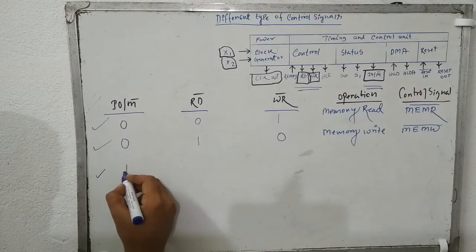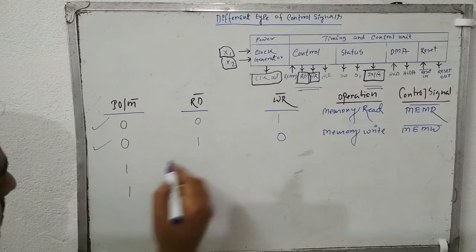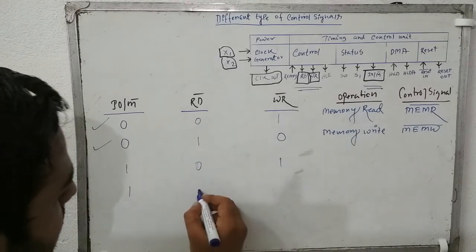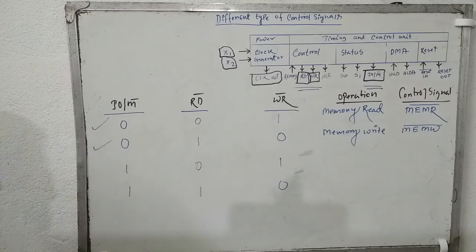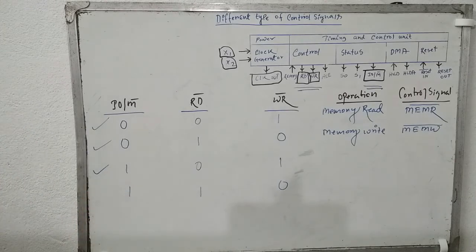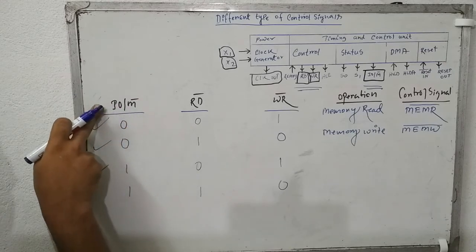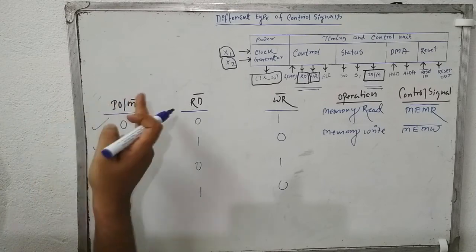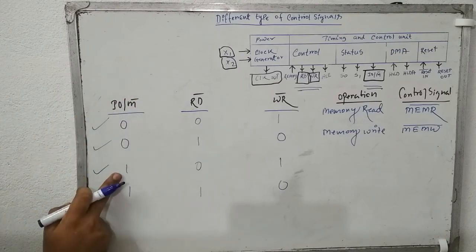Next thing, 1 1 0 1 1 0. So our third signal will be an input output related operation, because IO/M has got the high value, 1.